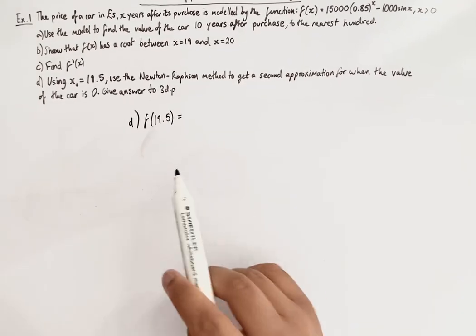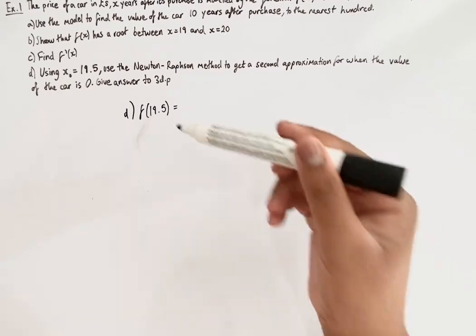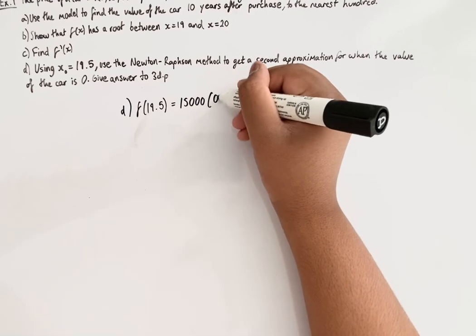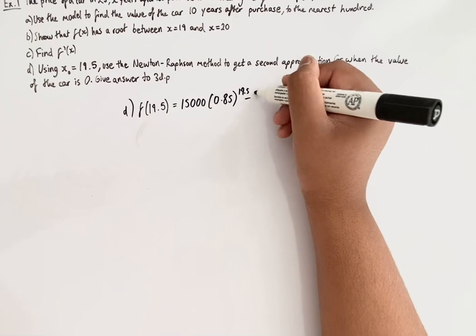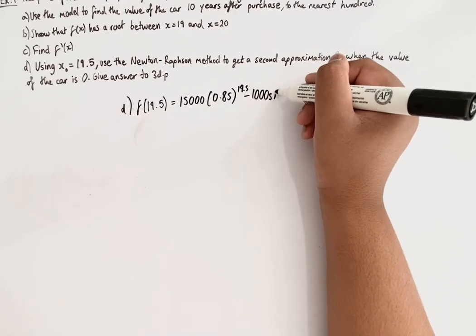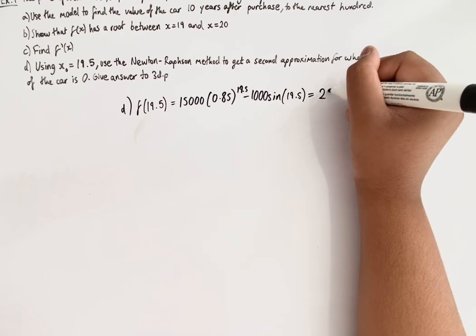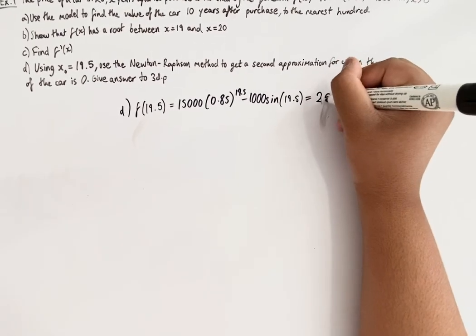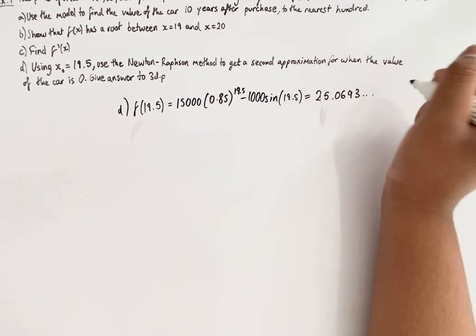For part D, we first need to find f of 19.5 and f prime of 19.5. f of 19.5 will be 15,000 multiplied by 0.85 to the 19.5 minus 1,000 sine of 19.5, which gives you about 25.0693, and so on.